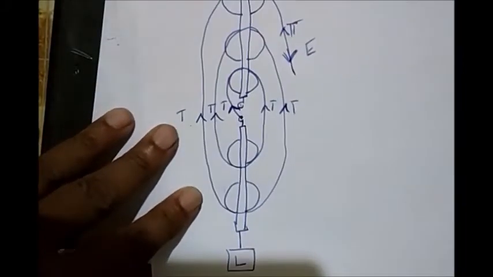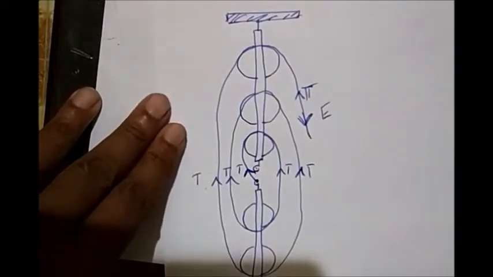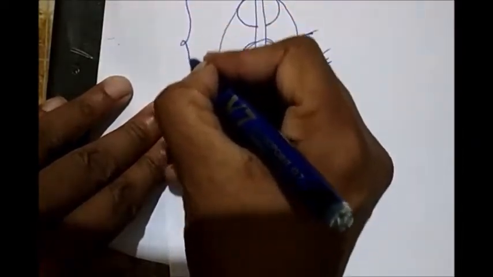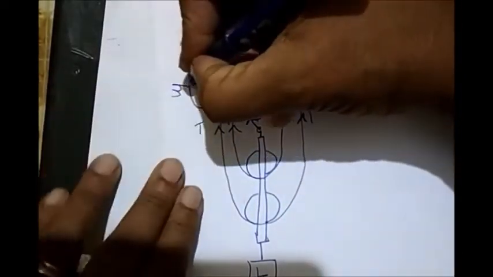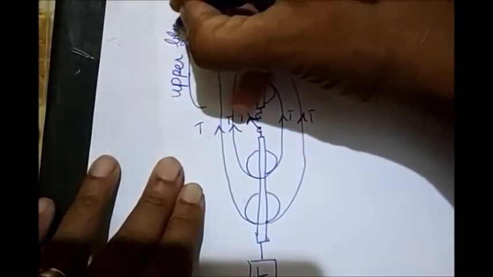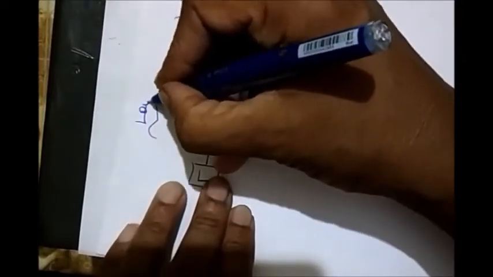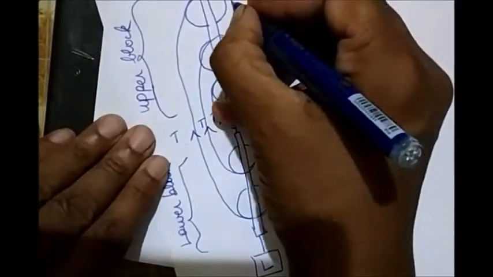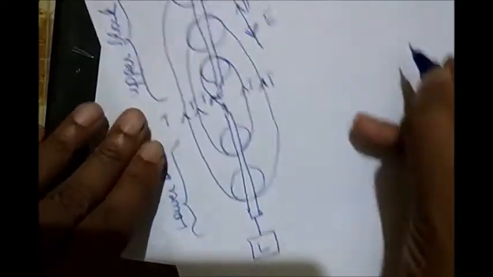Then labeling. Labeling is very, very important. Now, what are the labelings? I'll show from the book, or you can just note it. This is called the upper block, and this is called the lower block, and the rope is called the tackle.